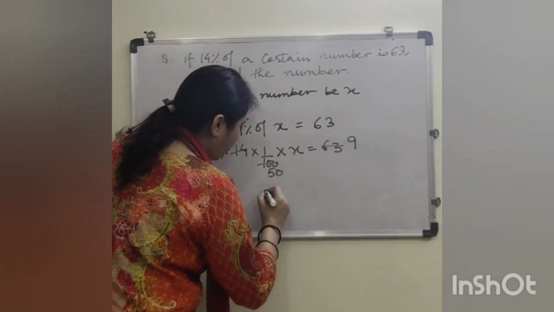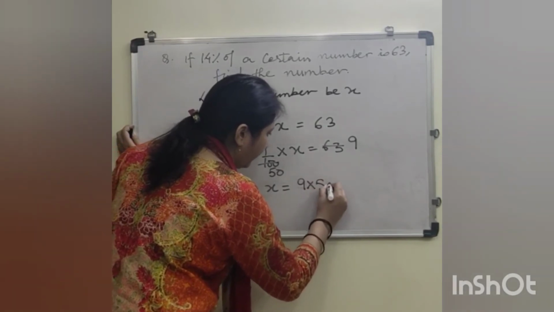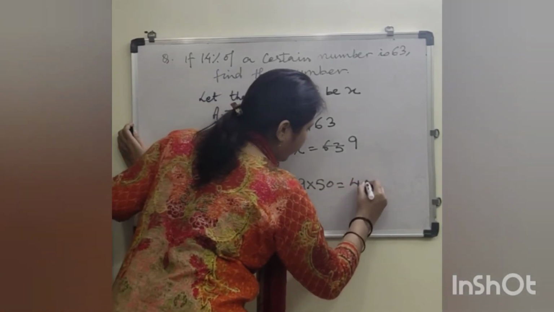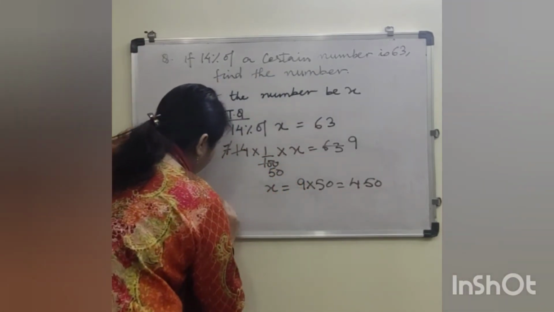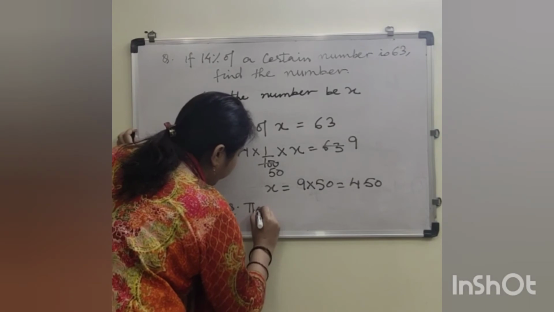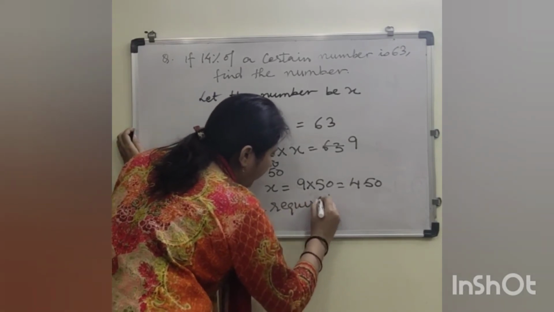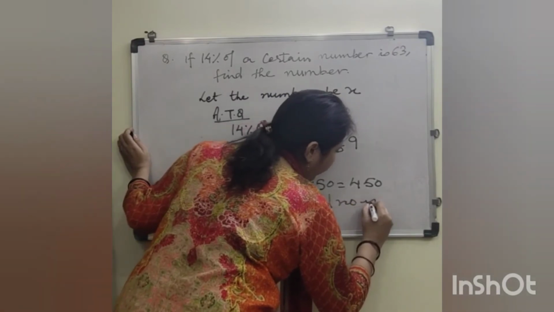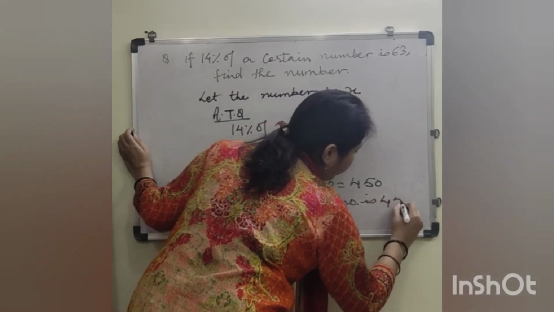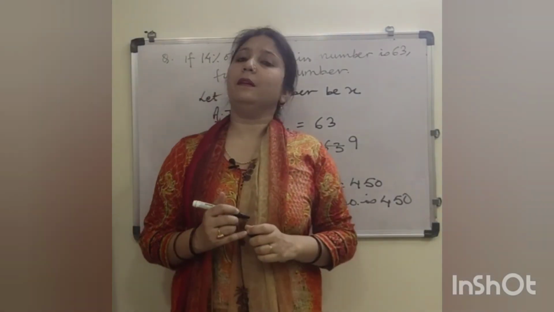Now children, by cross multiplication what have we got? 9 into 50, that is 450. So your answer will be, the required number is 450, whose 14% is 63.